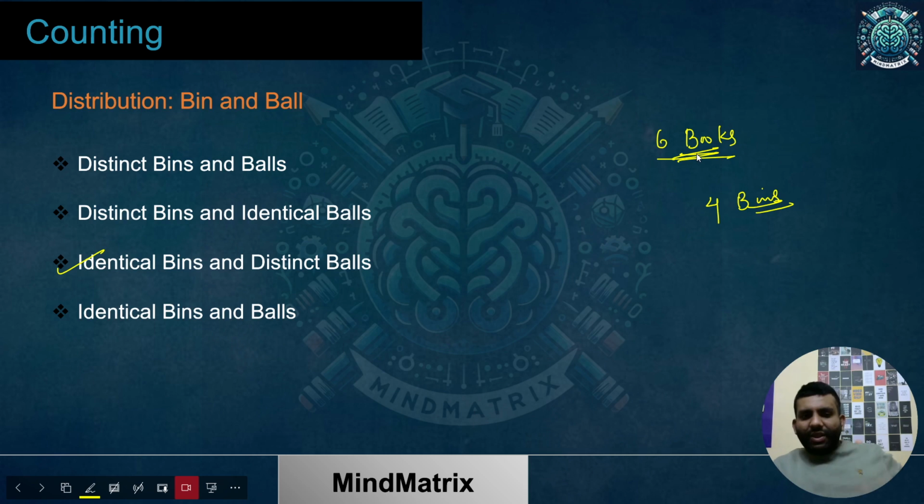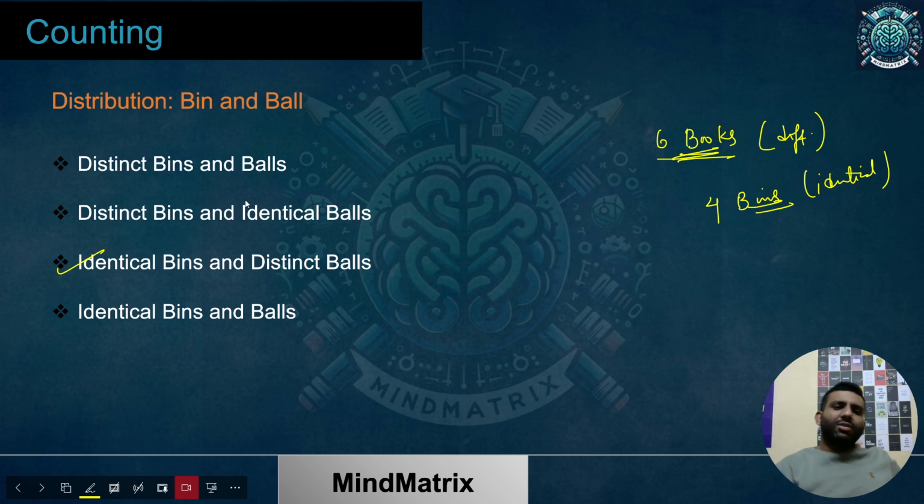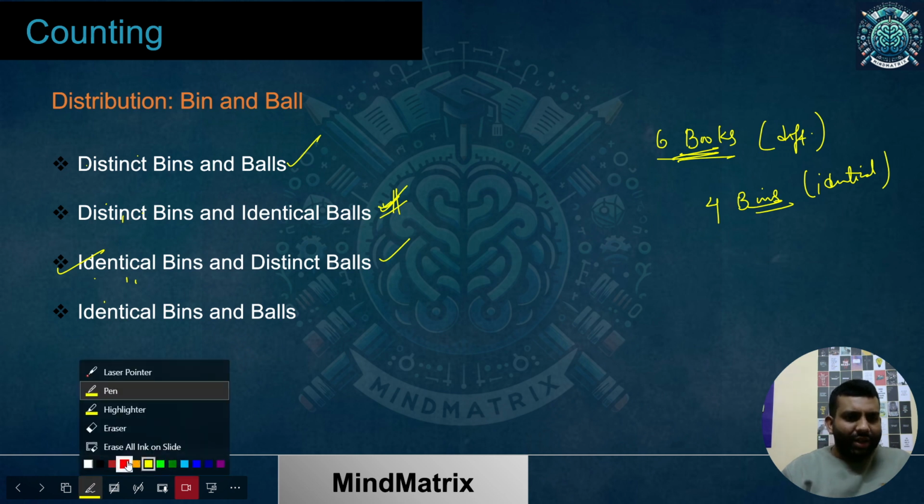So I'm saying I'm having 6 different books and 4 identical bins. Now what would be the difference here with respect to this and this? This one is quite different, we can always identify that. But how the first and third cases would be different, I'll show you. Just for an example, let me reduce these values because you won't be getting such high numbers for sure.